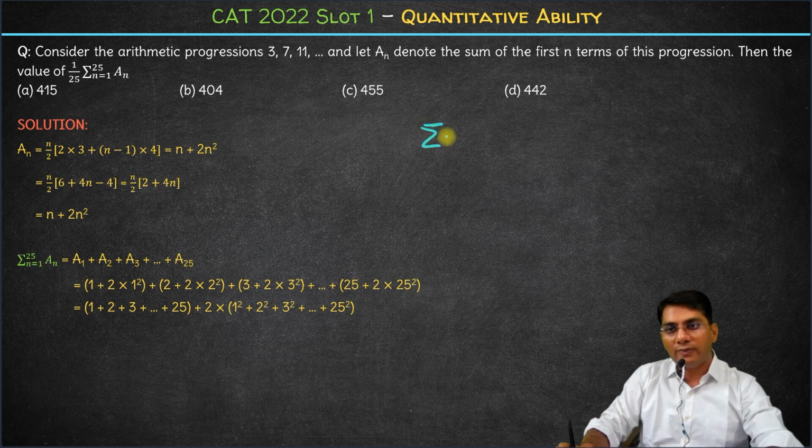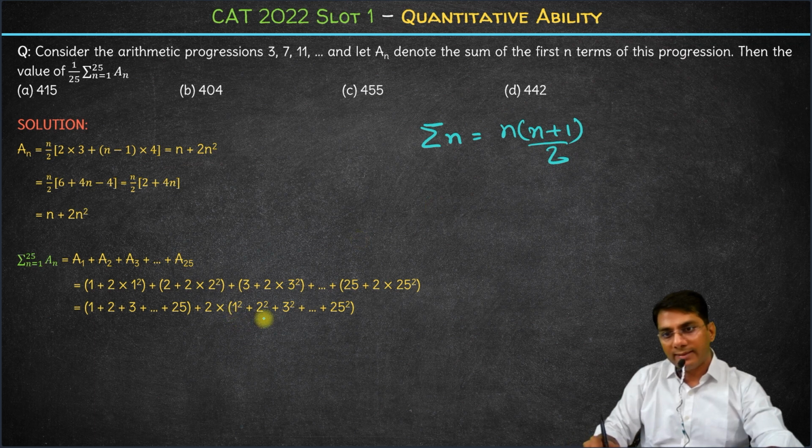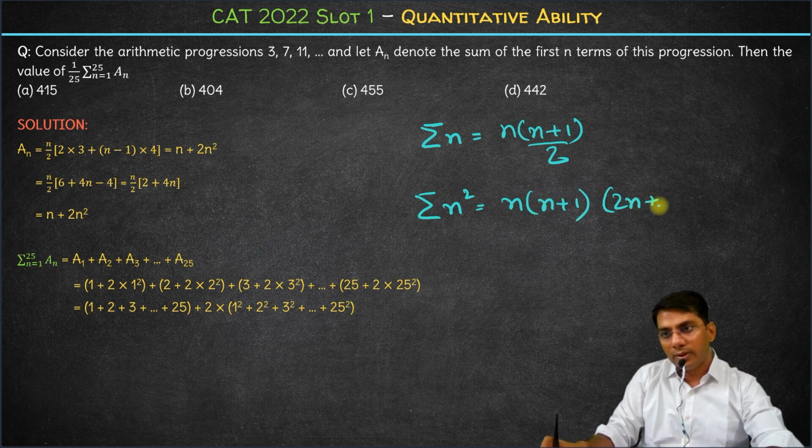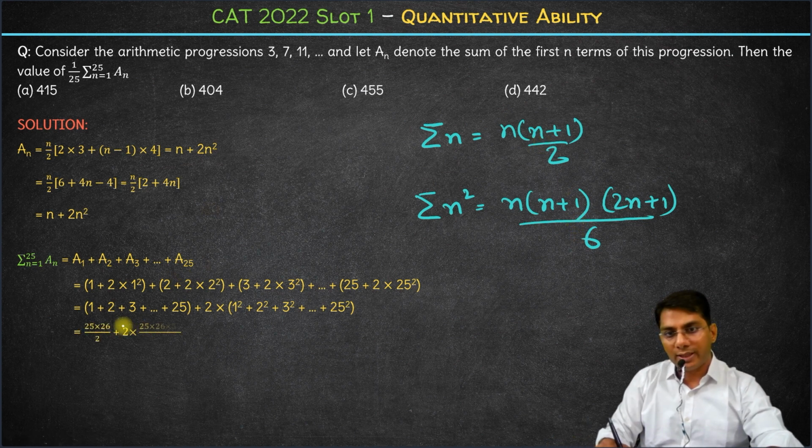Now this is the sum of first 25 natural numbers. The sum of first n natural numbers, we know the formula is n into n plus 1 by 2. And this is the sum of squares of first n natural numbers, which is n into n plus 1 into 2n plus 1 by 6. Using these formulas, we substitute n equals 25.